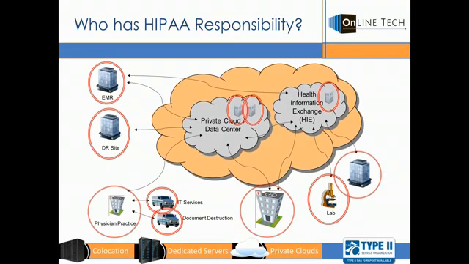And it's the covered entity's responsibility, as you can see in the diagram, to identify the locations or who might have contact with that protected health information, PHI, and then do the due diligence to make sure that their business associates are in fact compliant and putting the necessary safeguards in place to protect the data. Okay.